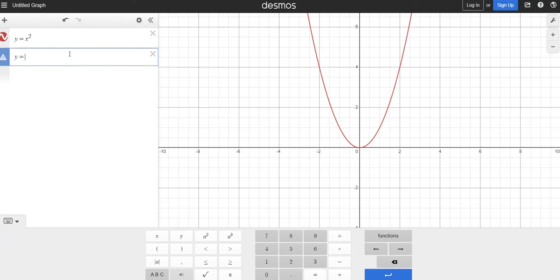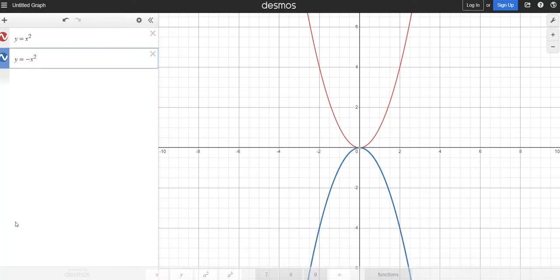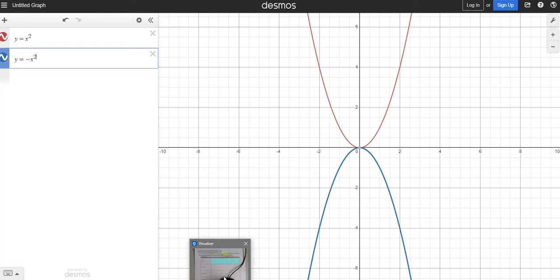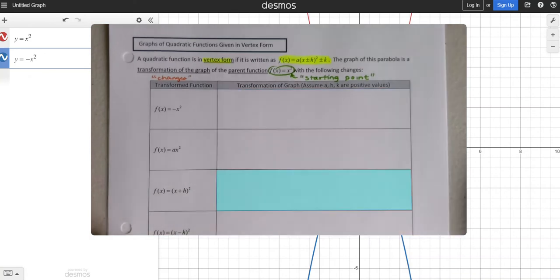And then I'm going to do y equals minus x squared. And what you can see is it's literally turned it upside down. In math speak, we usually say it's been reflected across the x-axis, right? It is its own mirror image across the mirror line of the x-axis. So when I describe what's happening here, that's what I'm going to say.